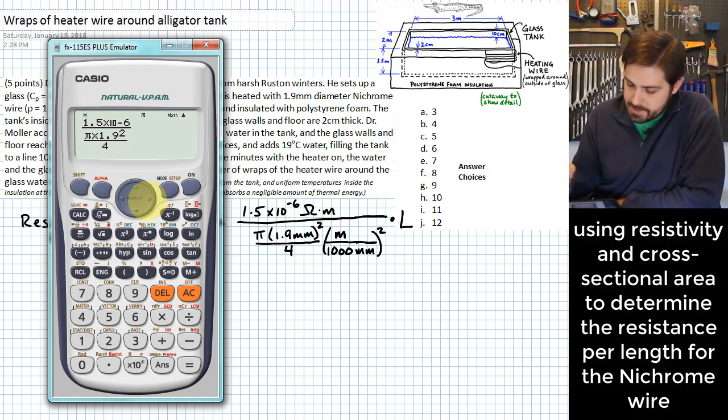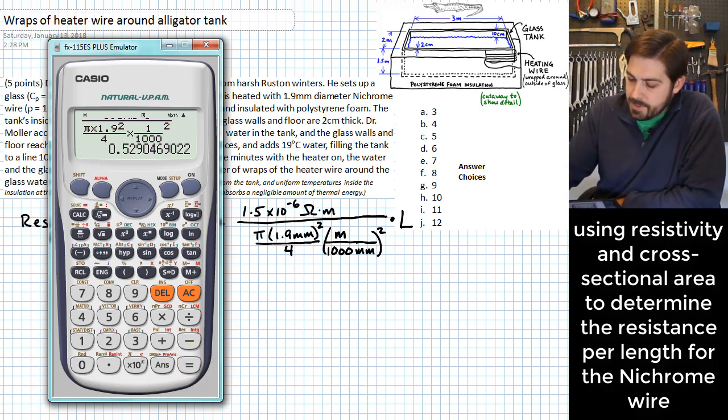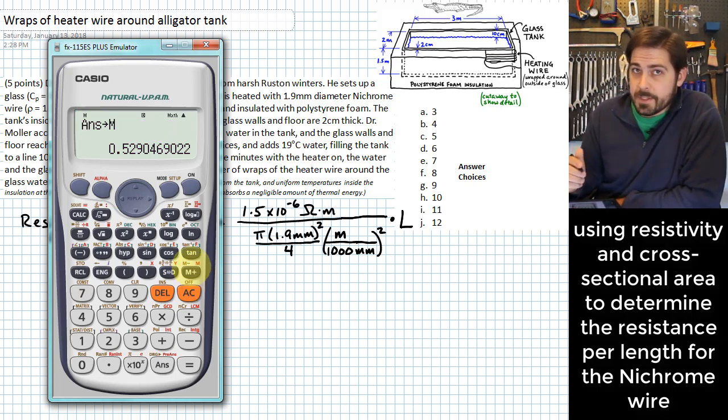Then the next thing I need to multiply by is another fraction, basically 1 over 1,000, and I will square that. And by the way, let me store this value into m, because I'm probably going to need this value later.